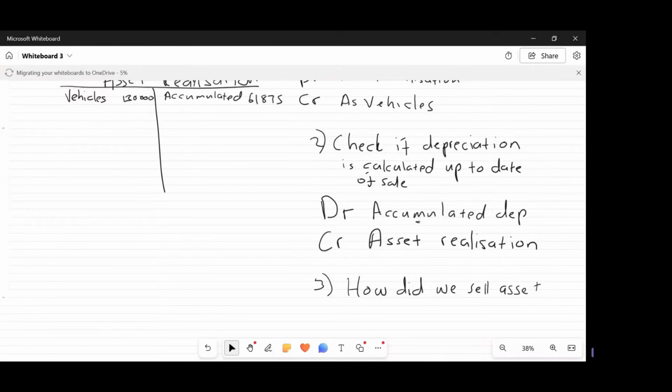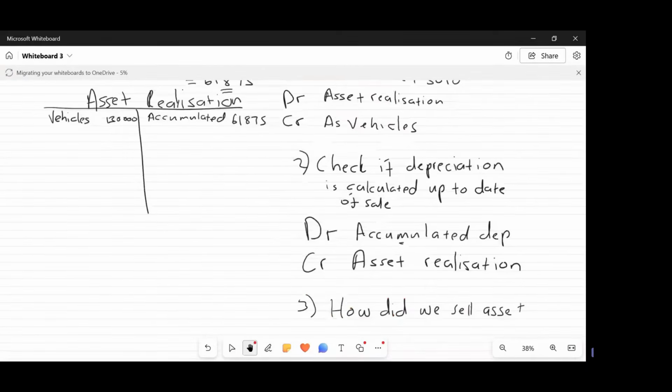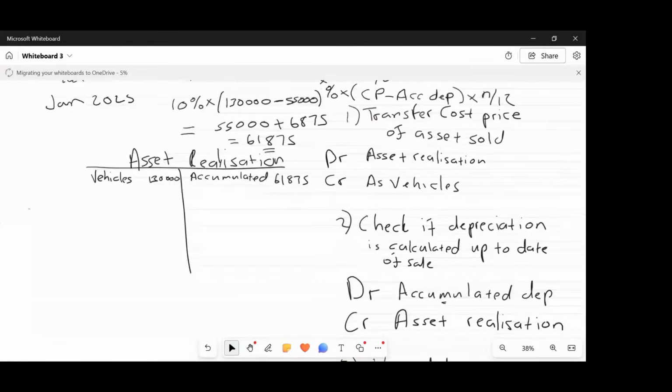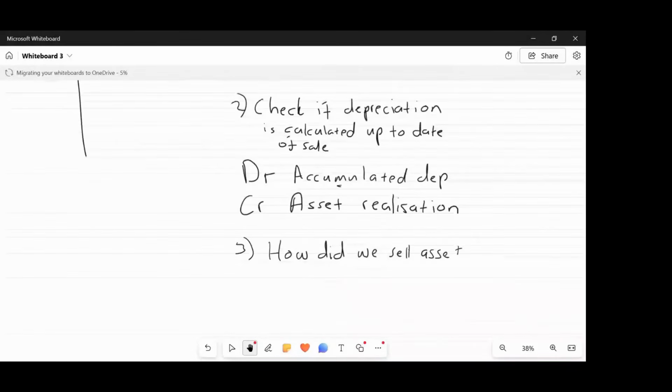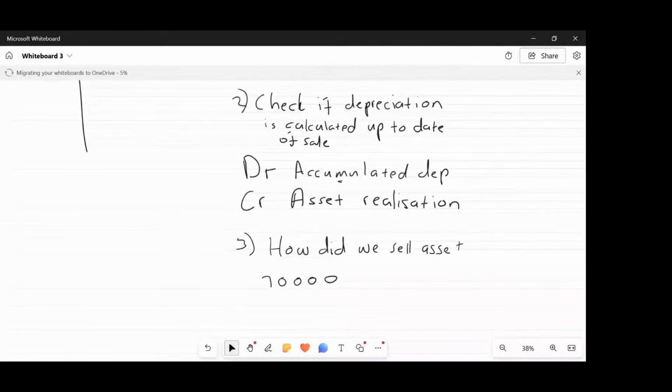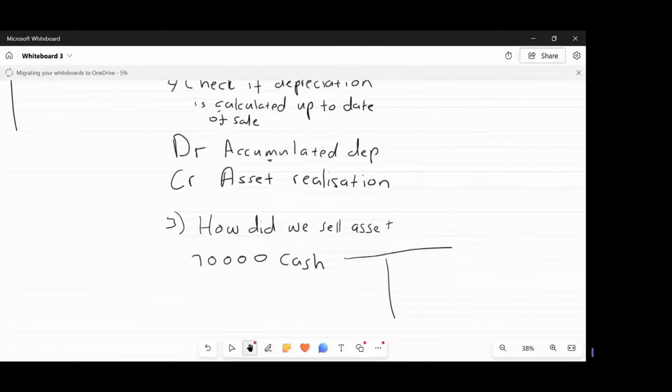So let's say, for example, we sold it for cash, maybe for argument's sake, let me say 130,000 minus 61875. Okay, let's say, for example, we sold it for 70,000 rand cash. So if you sold it for cash, you remember there are two transactions being affected, the first one is going to be what?